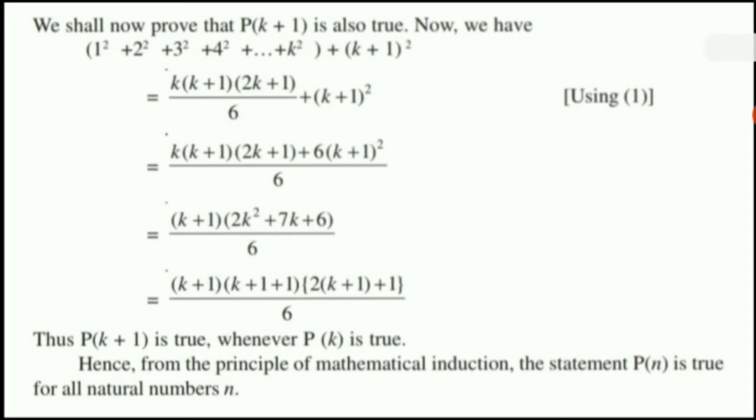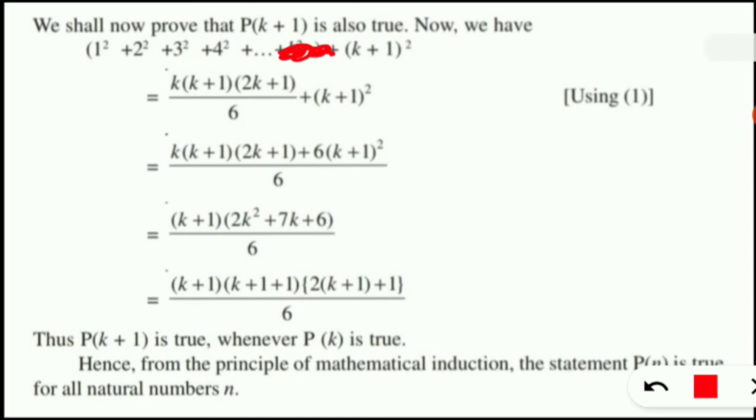Now we have 1 square plus 2 square plus 3 square plus 4 square plus dot dot dot up to k plus 1 whole square.